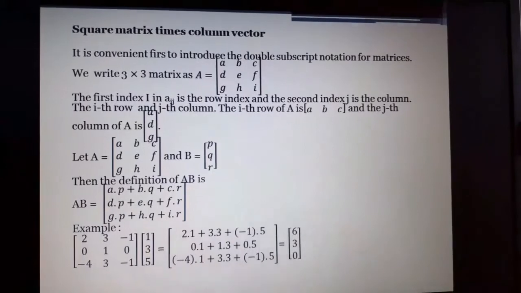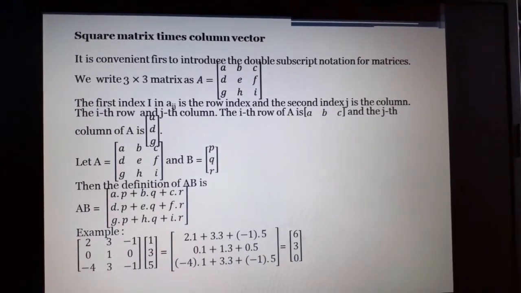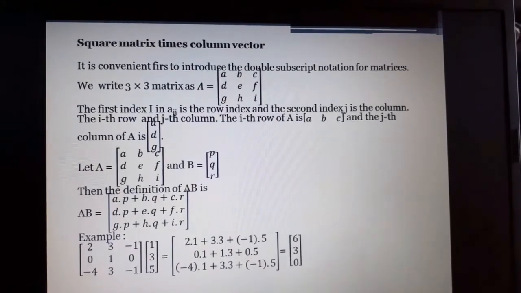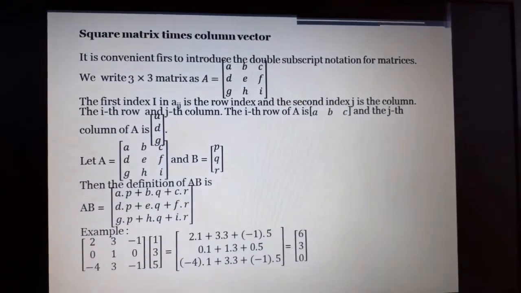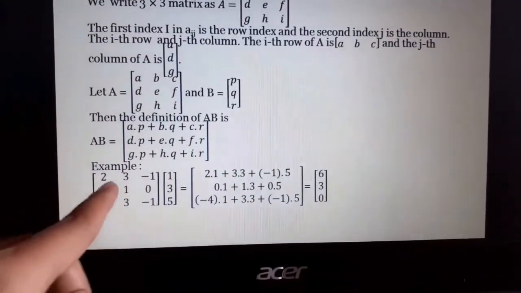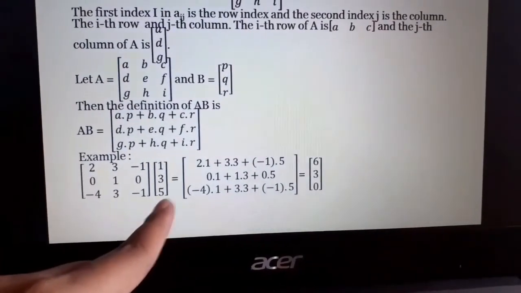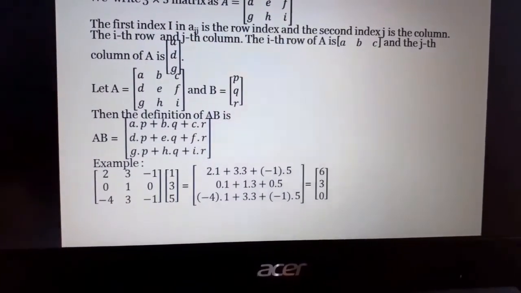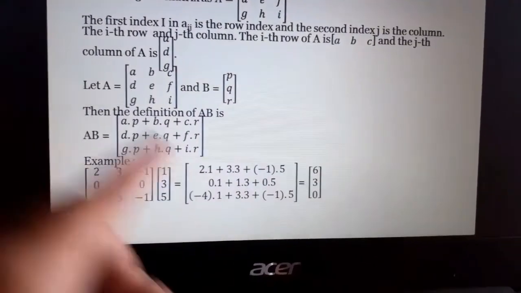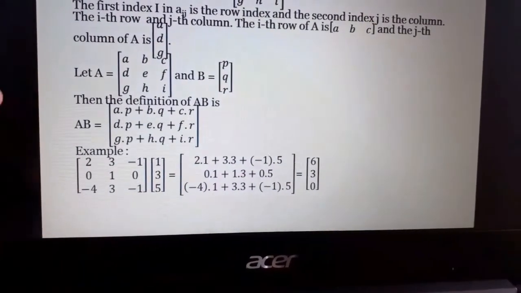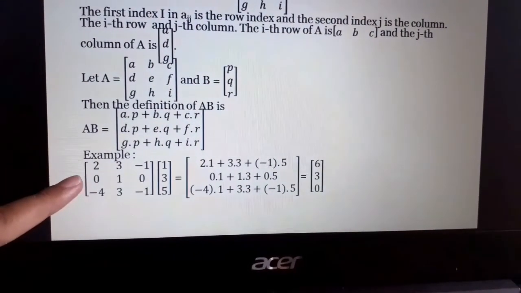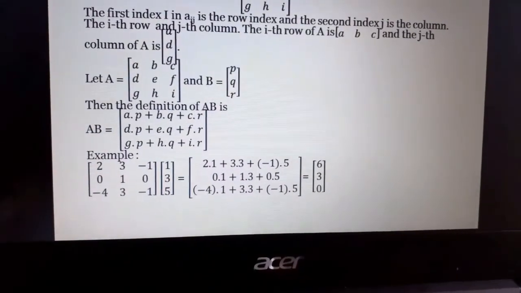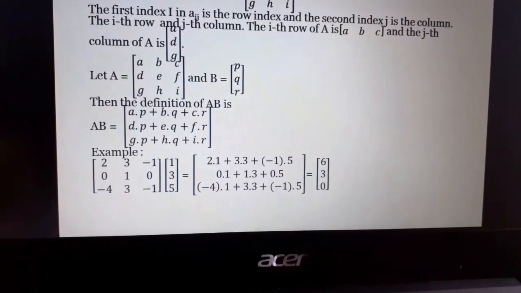And the example: matrix 2, 3, negative 1, 0, 1, 0, negative 4, 3, negative 1 times matrix 1, 3, 5 is equal to, we multiply the rows and the column. 2 times 1 plus 3 times 3 plus negative 1 times 5 is equal to 6, and we multiply 0 times 1, 1 times 3, 0 times 5 is equal to 3.